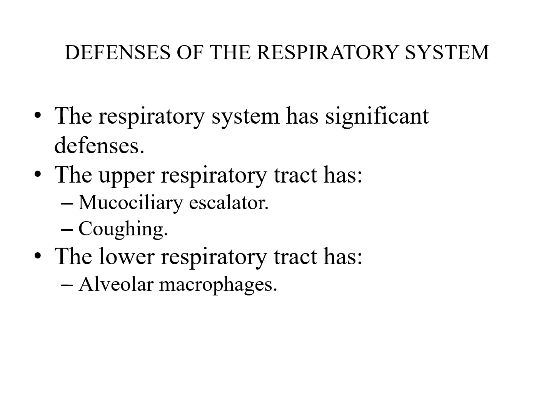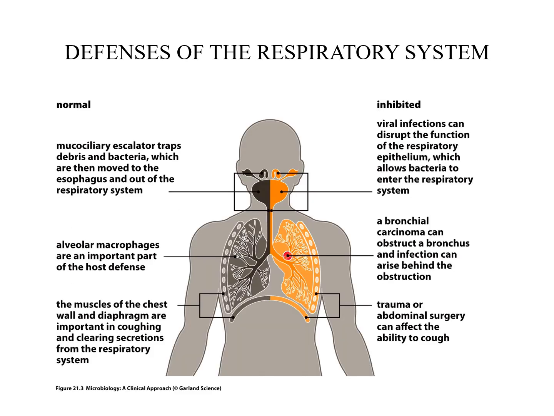So the defenses of the respiratory system, we've already talked about that. Just another reminder, in the upper respiratory tract we have the mucociliary escalator, and we have the coughing reflex, the sneezing reflex. Also, we have the secretory IgA. In the lower respiratory tract, we have the alveolar macrophages, and we have the secretory IgA, which can interact with the invading microorganisms.